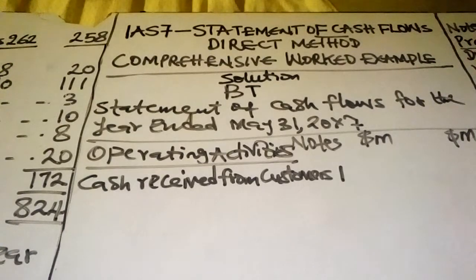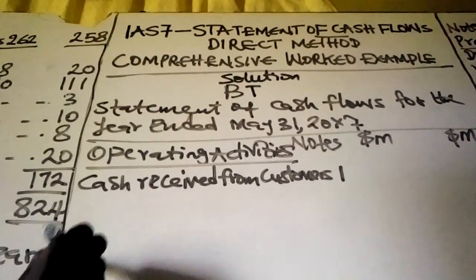Then we have revenue in the statement of profit or loss, then you may have discount allowed or bad debts in the notes to the financial statements. Don't forget, the minimum requirements for the preparation of statements of cash flows are one, the statement of profit or loss and other comprehensive income, two, the statements of financial position, and three, the notes to the financial statements. Now we want to calculate the amount of cash received from customers.